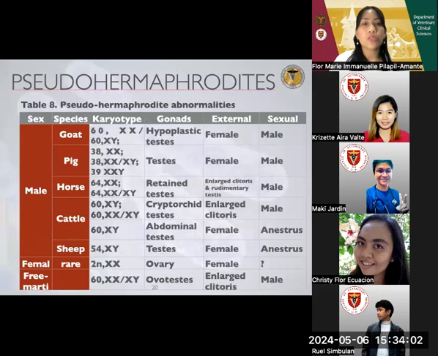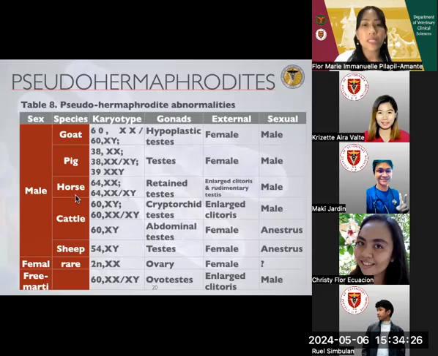Okay, now for pseudohermaphrodites, instead of having still female sexual behavior, we now have male sexual behavior. So that's the main difference from the true hermaphrodites for the goat and then the pig. Okay, because of the presence more of the testicles inside, but externally they look female.